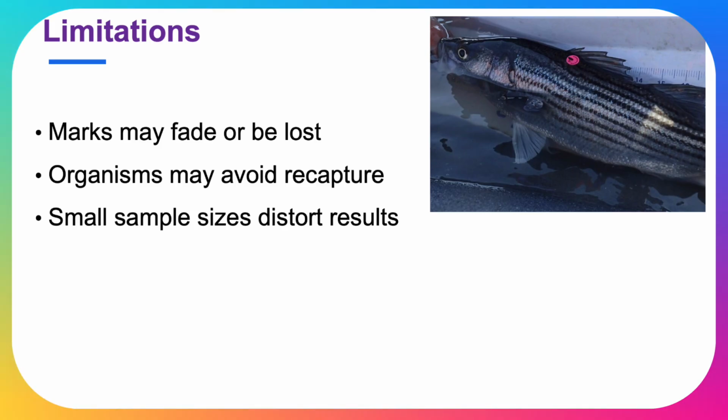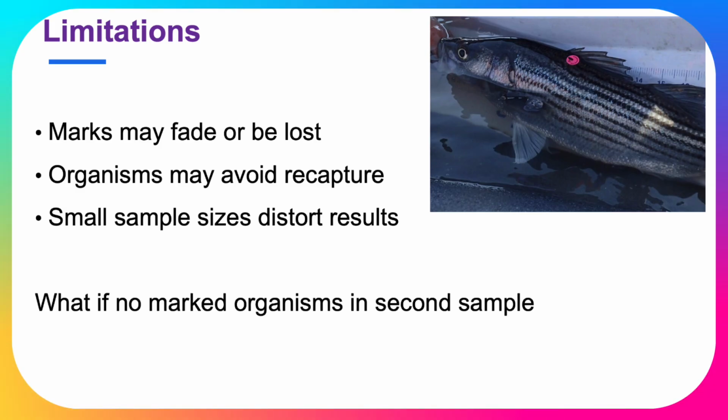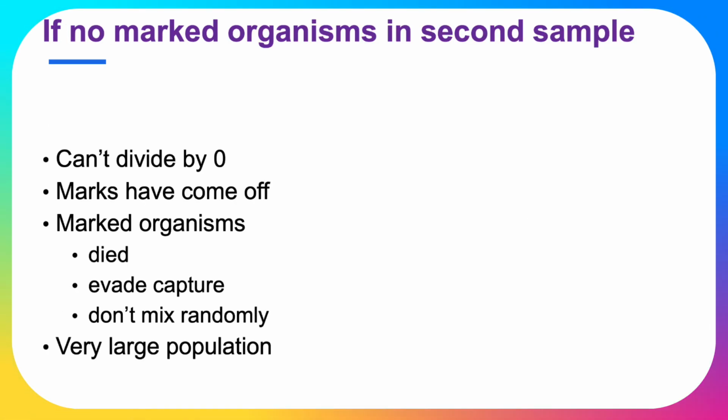Now, a small sample size can really distort the results. I want you to consider what would happen if we have no marked organisms in our second sample. So what would that look like? We can't divide by 0, so we just can't mathematically do that. So if we couldn't catch any marked ones the second time, it means that we can't actually estimate the population.